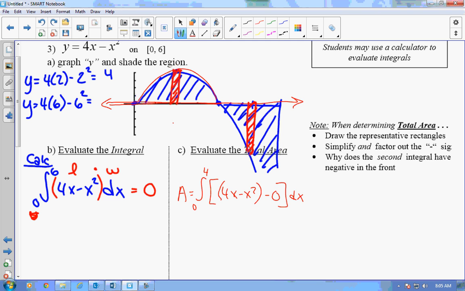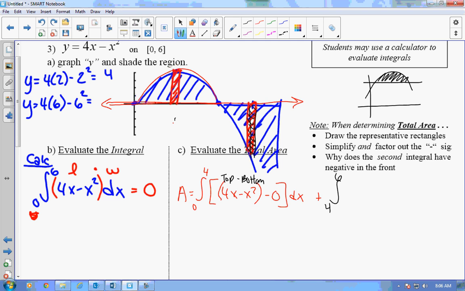Plus, we have another section. So these are top minus bottom, because we'll be doing some later where we want to find the area, this area. Top minus bottom. Okay, and we have a second section. After 4 until 6, we have this negative signed area.